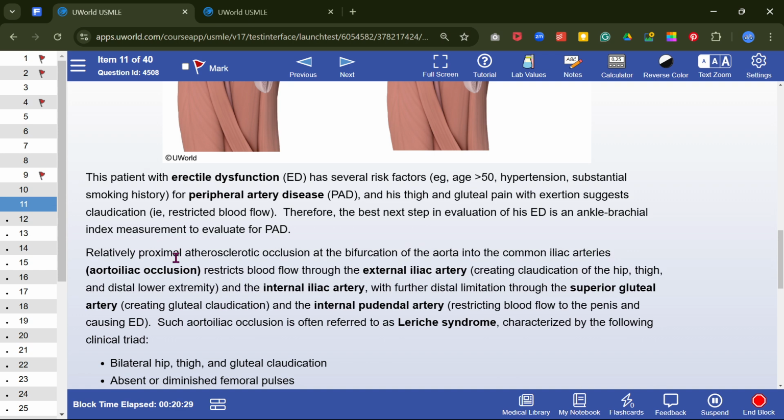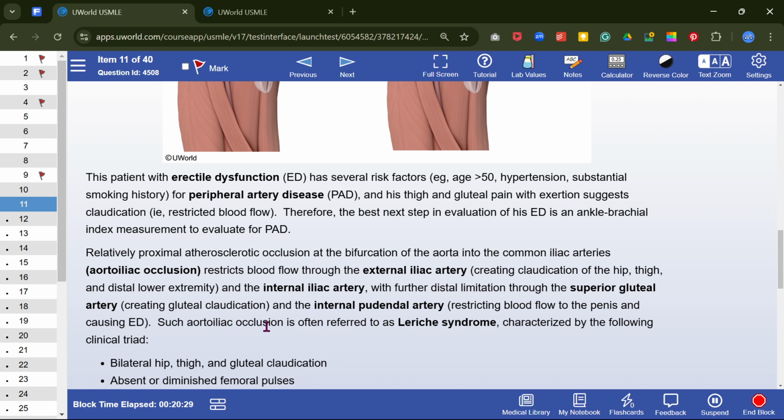Relatively proximal atherosclerotic occlusion of the bifurcation of the aorta, the common iliac artery. Aorto-iliac occlusion restricts the blood flow of the external iliac artery, creating claudication of the hip, thigh, and the distal lower extremity, and the internal iliac artery with further distal limitation through the superior gluteal artery and internal pudendal artery.